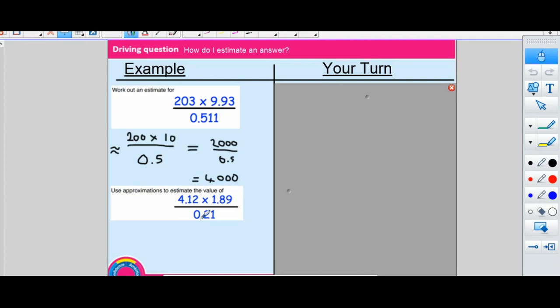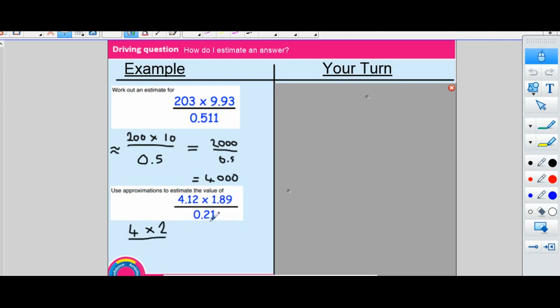Okay, next question. Use approximations to estimate the value of 4.12 multiplied by 1.89 all over 0.21. Rounding to one significant figure. I'm rounding the 4, the decider's a 1, so that's going to stay as 4. I'm rounding the 1, the decider's an 8, so that's going to go to 2.